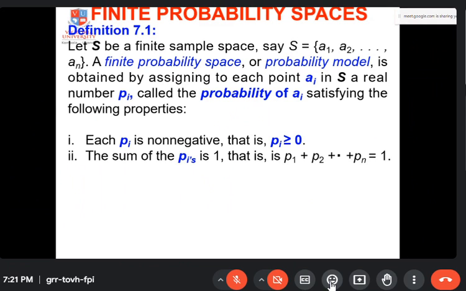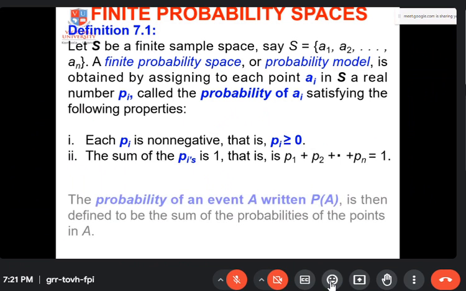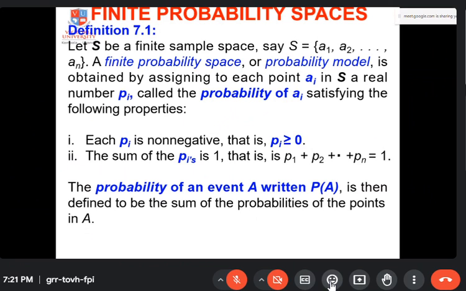And when you add up all the probabilities of all of the points in the space, it should sum up to a 1. Then the probability of an event is the sum of the probabilities of those points. Okay? Now, let me give an example.